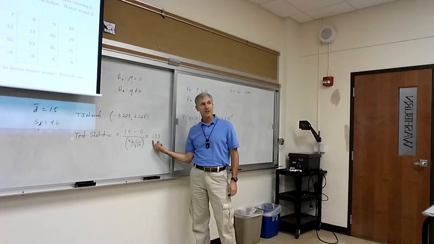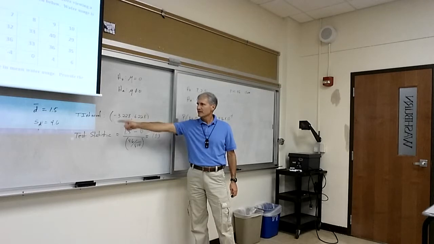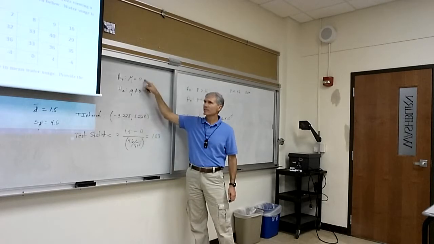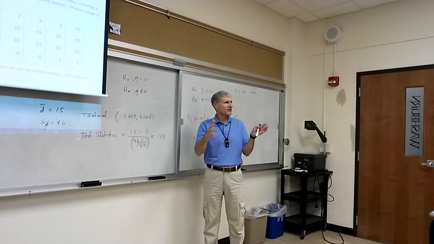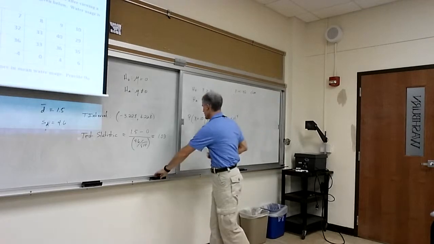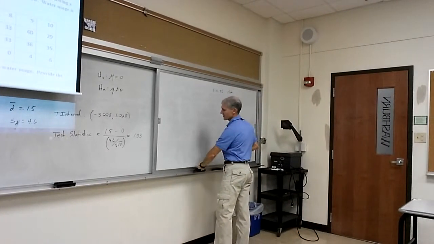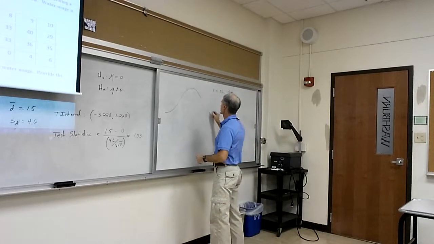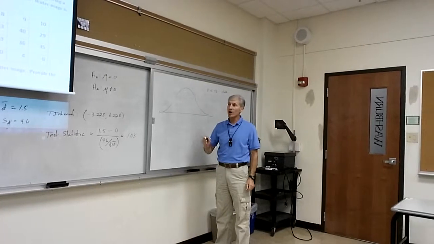This number is the number of standard errors that our sample mean is away from the hypothesized mean. One standard error away, that's not very far. So we're going to get a p-value that's not significant. So we say, well, this could happen by random chance. So here's my distribution for d bar.